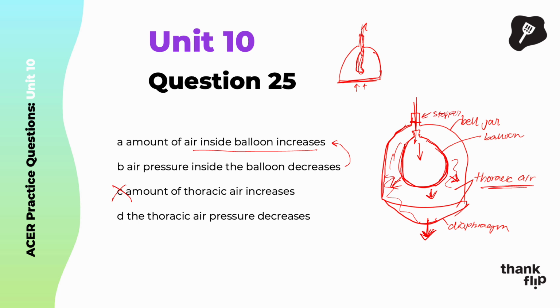And that is what leads to the decreased pressure in the lungs as well, because it's being pulled on by this space here. The volume of the lung increases, which means that the pressure decreases, which draws air in. So that's what happens during respiration.